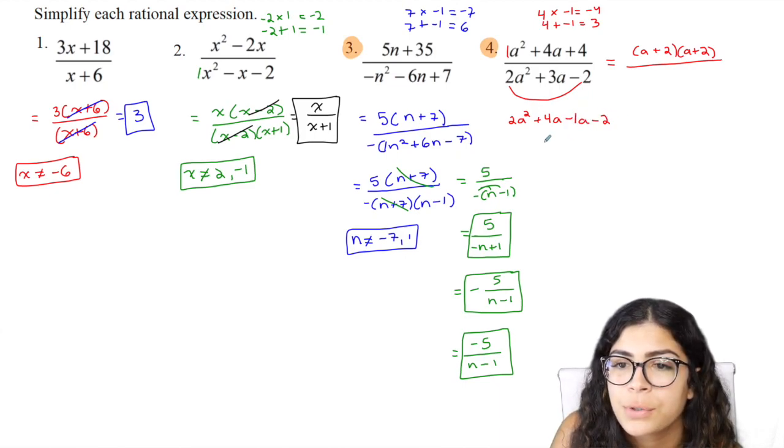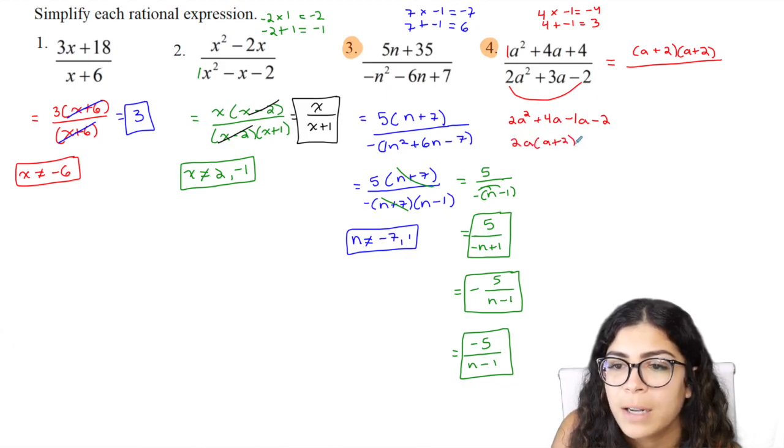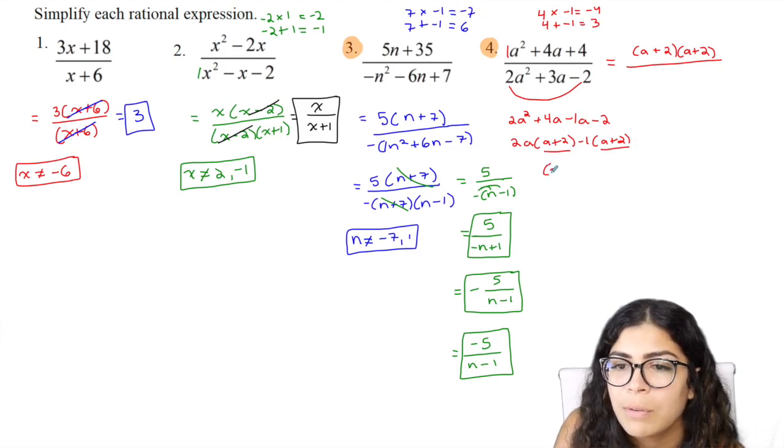And grouping the first two terms, I could factor out 2a. That leaves me with a plus 2. Grouping the last two terms, I could factor out a negative 1, which leaves me with a plus 2. And then from both of these terms, I can now factor out the a plus 2, leaving me with 2a minus 1. So that's how the denominator factors.